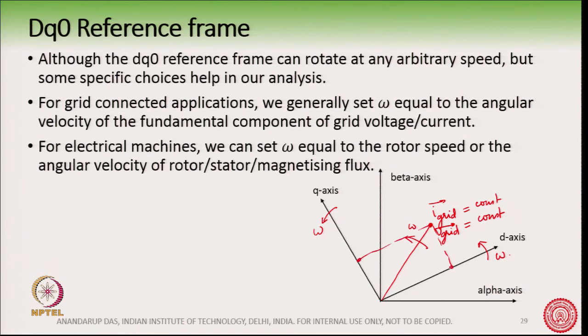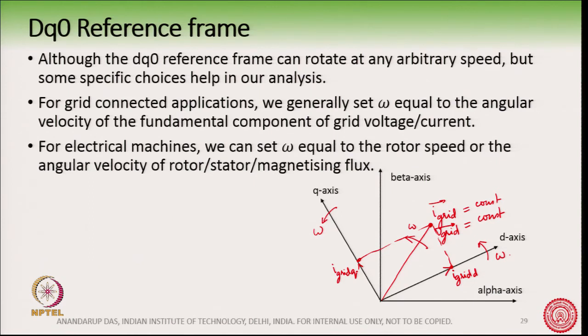So this is the I grid D component, and this is the I grid Q component, when they are perfectly rotating at the same speed. And how do I get that speed? We get that speed through PLL, we will discuss it later, to know at what speed the grid space vectors are rotating.